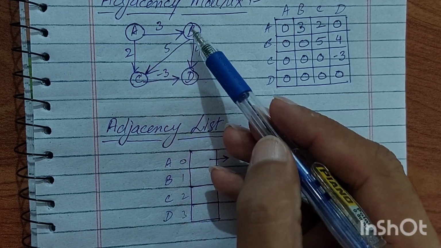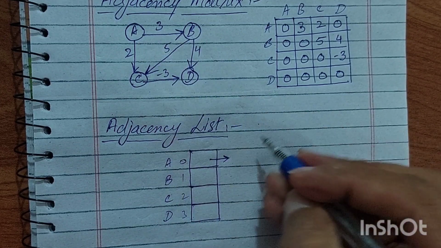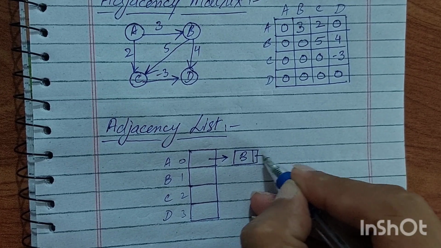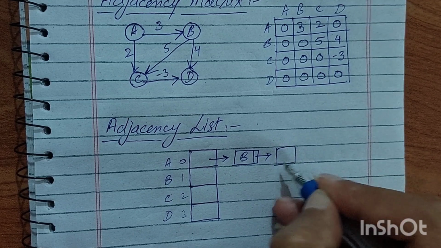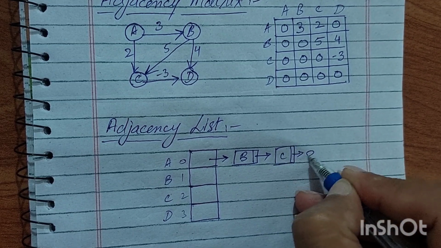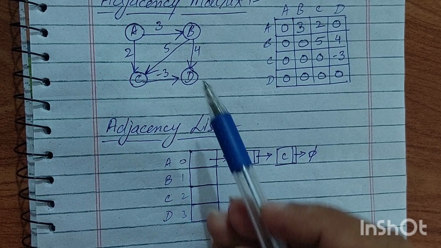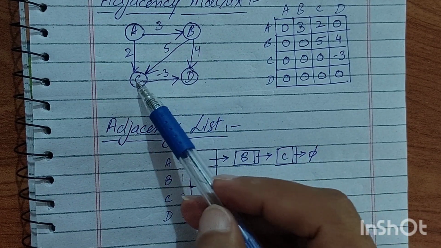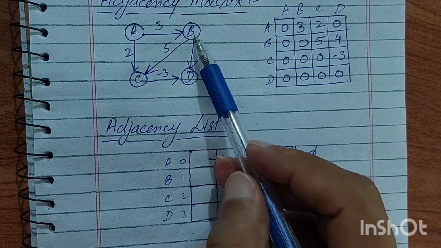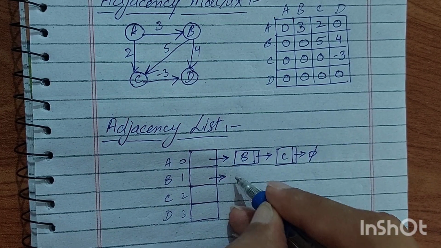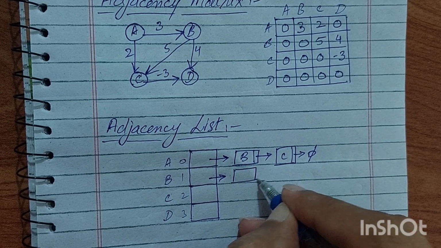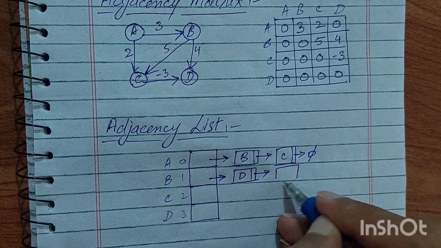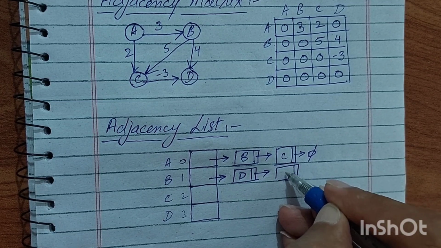Just like there are two neighbors of a, that is b and c, so we will store b here and c here as a chain, and the chain closes here. And for b, there are two vertices, that is c and d, that are the neighbors of b, so we store d and c here.